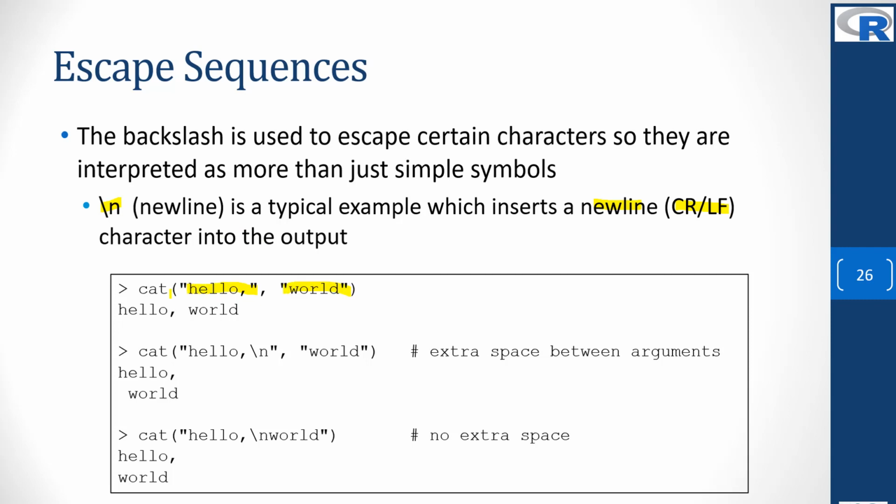We're running cat. Remember that just displays a concatenated result with a space between them. Now I'm using the new line as part of the hello string. So the new line, the \n escape sequence, is inside the double quotes, which delimit that string.